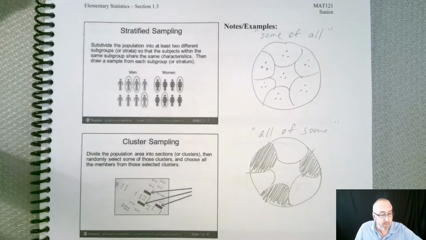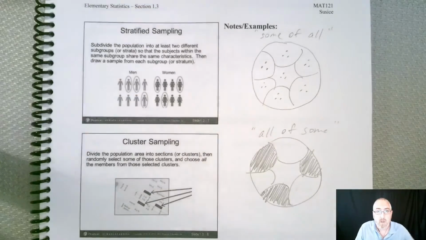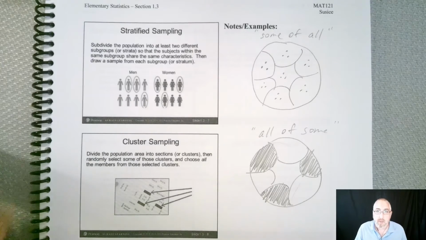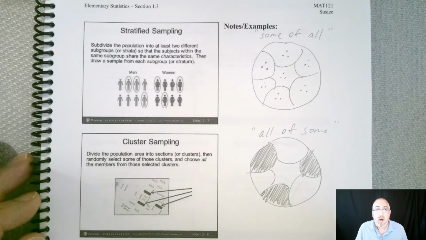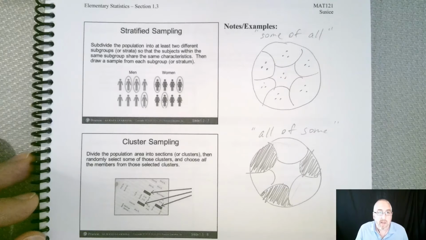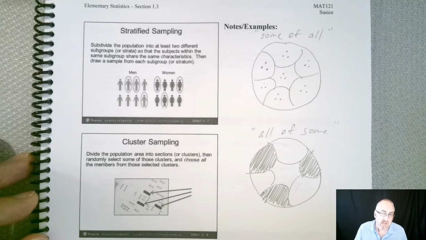So let's jump back to the notes. Now the last type of sampling is considered multi-stage sampling. It says collect data by using some combination of the basic sampling methods. In a multi-stage sampling design, pollsters select a sample in different stages, and each stage might use different methods of sampling.